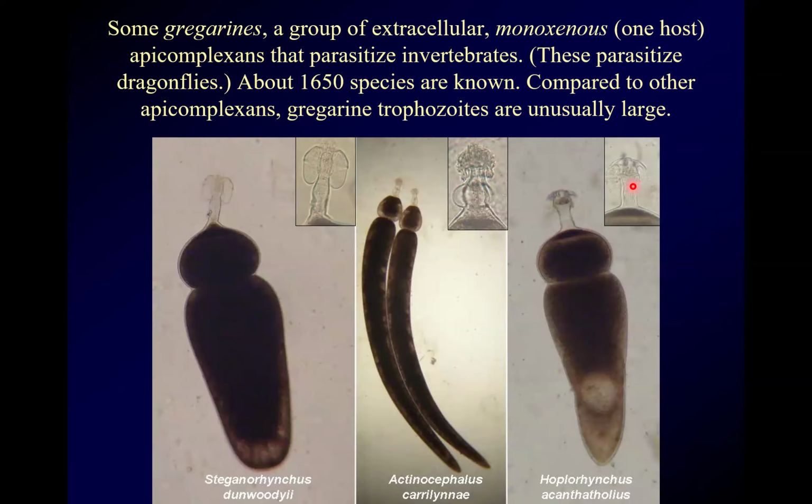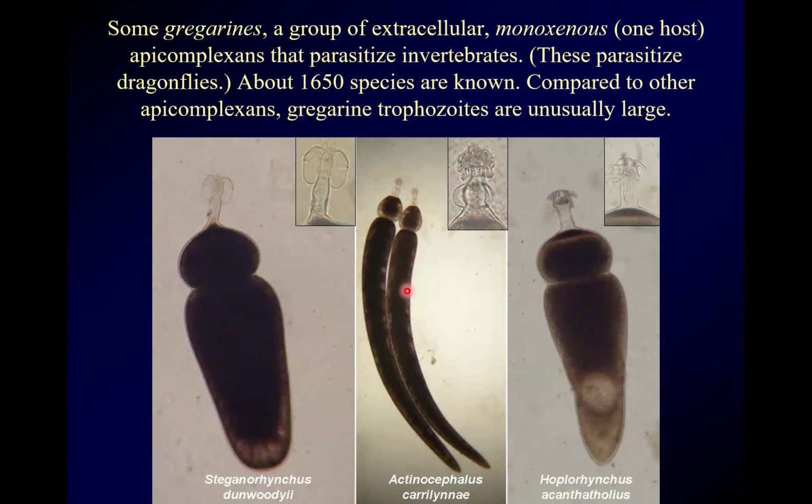These happen to be dragonflies, and the rest of the cell will just kind of hang out. So that little anchor thing called the epimerite will penetrate into a host cell, but the rest of this thing will just hang out.